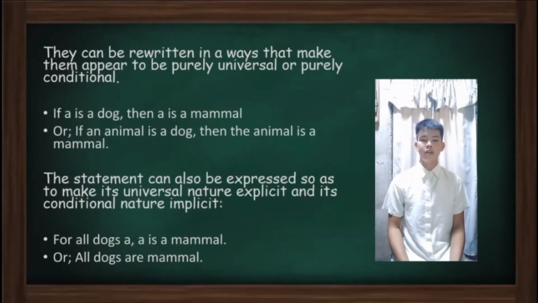If A is a dog, then A is a mammal. Or, if an animal is a dog, then the animal is a mammal. The statement can also be expressed so as to make its universal nature explicit and its conditional nature implicit. For all dogs A, A is a mammal, or all dogs are mammals.